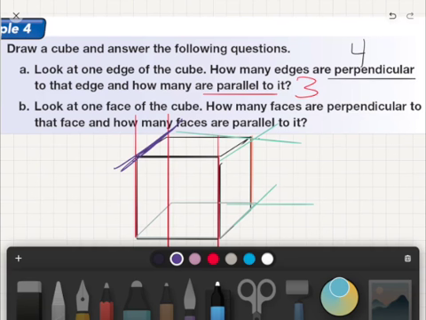Alright, so which of these patterns do not fold to form a cube? Just to give a little context, hopefully we don't need sound for this, so this is what they're talking about doing. So you take some paper.